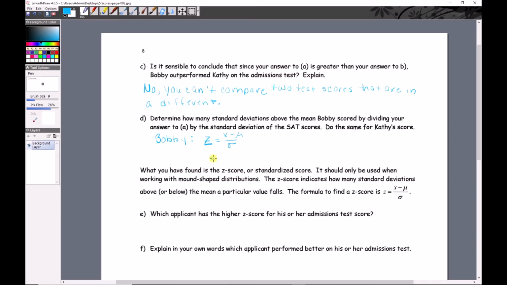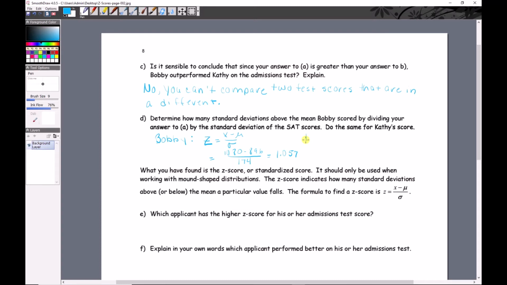That's 1080 minus 896, adjusted by 174, and we'll get a z-score of 1.057. A lot of z-scores are just two places, so 1.06 would be fine.